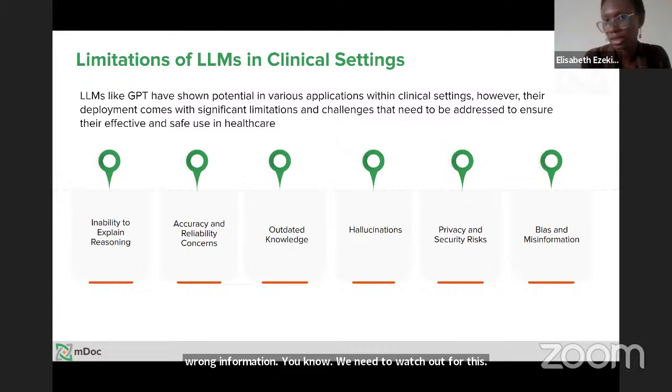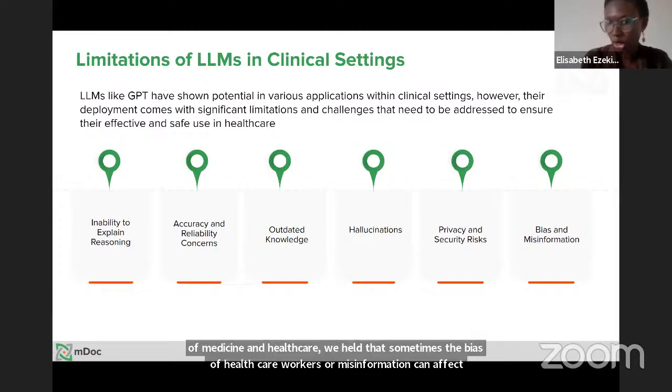Additionally, privacy and security risks. Because we're using data, we must also watch out for data privacy and security risks, confidentiality, protecting the user's confidentiality and the way in which their data is collected and disseminated, right? And then lastly, bias and misinformation. This is something that we already experience in the real world of medicine and healthcare delivery, how sometimes the bias of healthcare workers or misinformation can affect the way patient care is delivered.